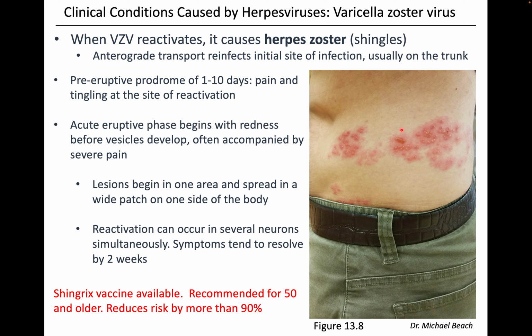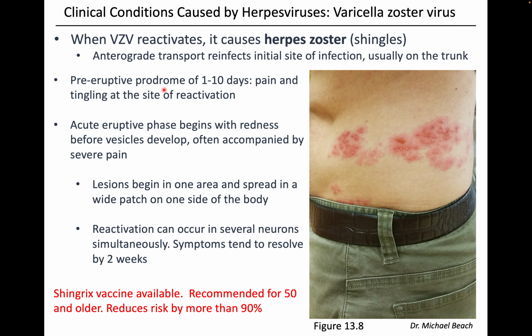And when it does reactivate, again, you'll get that transport back down the nerves to the initial site of infection, which is usually going to be on the trunk, although I have seen it on people's neck and face before as well. It's almost always going to be asymmetric, starting on one side of the body.